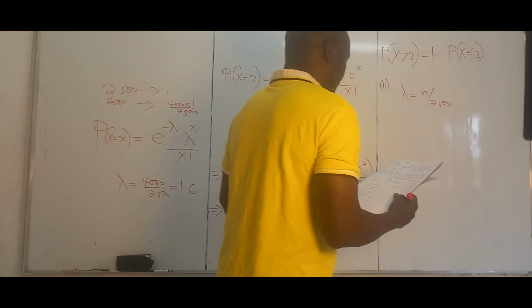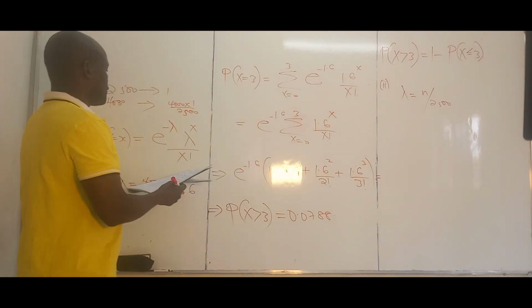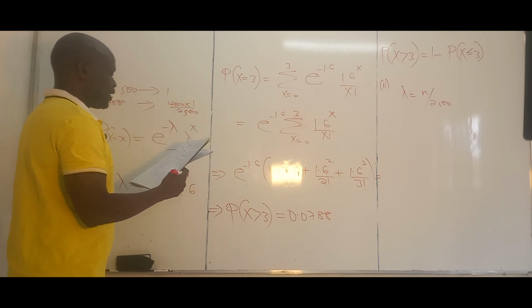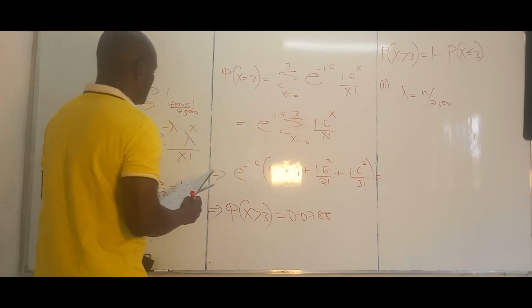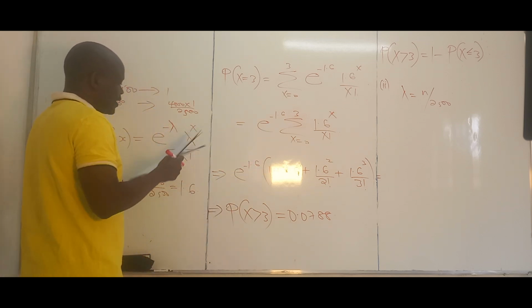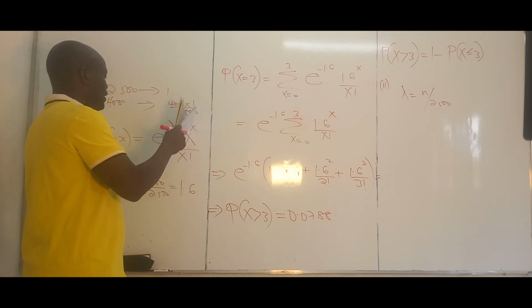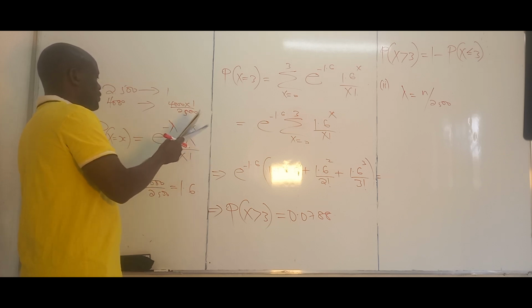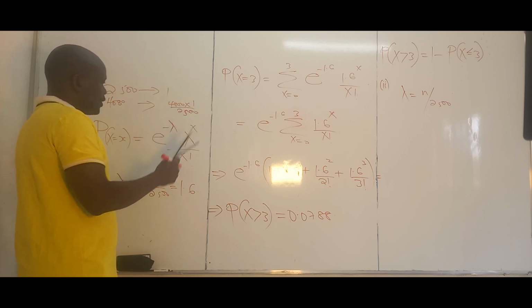But realize that the formula for the Poisson distribution is this. But we are saying that none has the condition. None having the condition should mean that our x here is 0. And the consequence of having x as 0 means 0 factorial is 1, and the number raised to power 0 is 1. So the whole of this reduces to 1, and I'm left with e raised to power negative lambda.